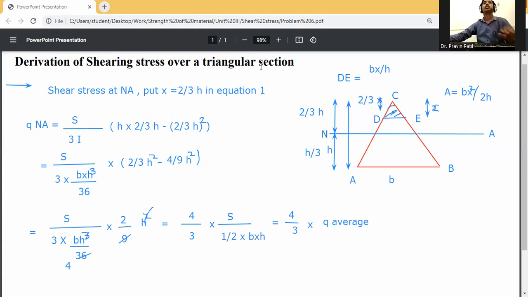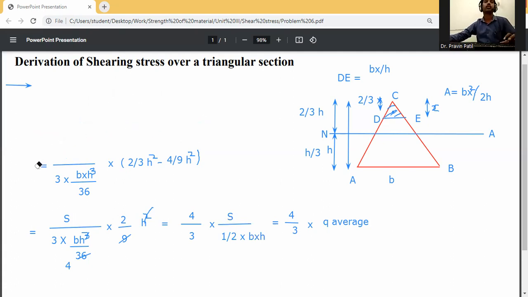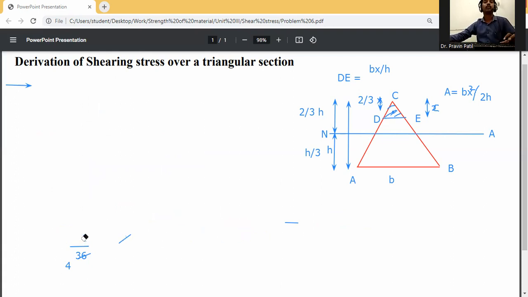Now, maximum shear stress for the triangular section.